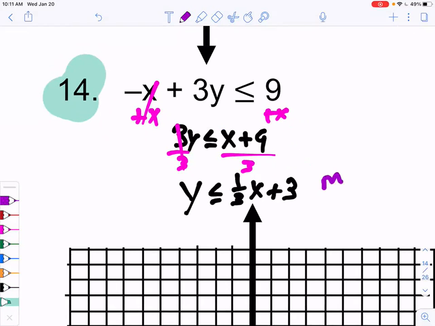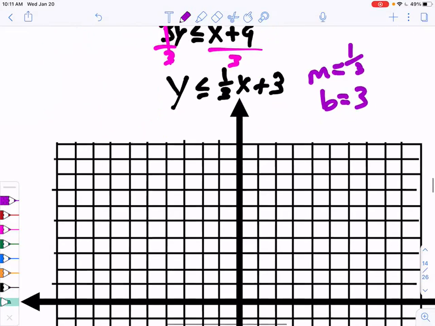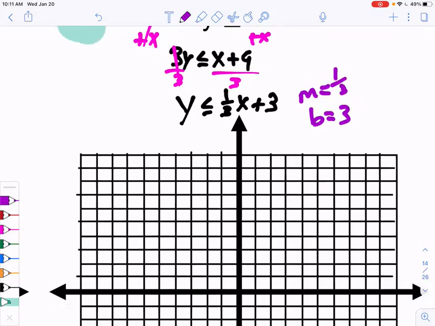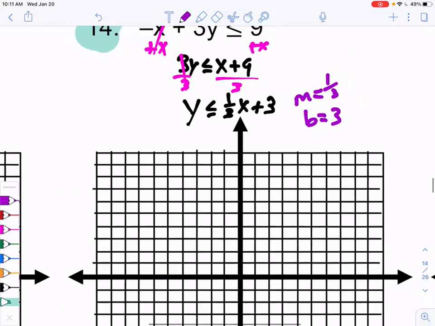If we're picking out our slope and our y-intercept, TJ, what's my slope? Good. The slope's 3. So then you're going to graph. Put a dot on the y-intercept, then up 1 over 3. Repeat the process to get a couple of points, and you could also go down 1 to the left.